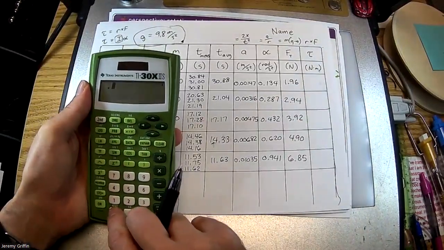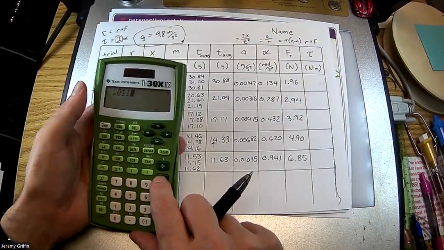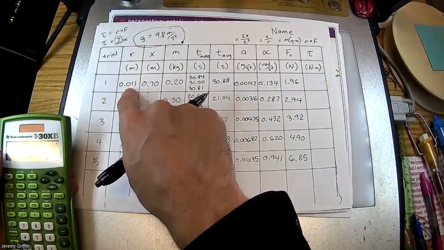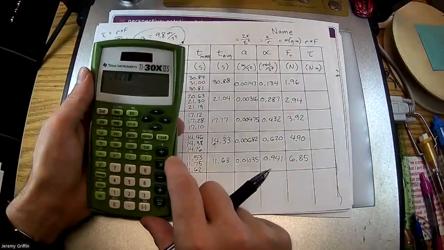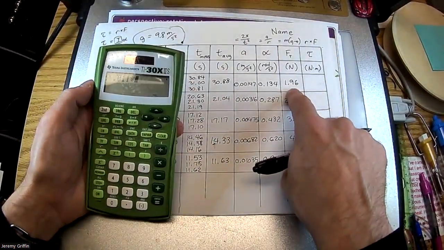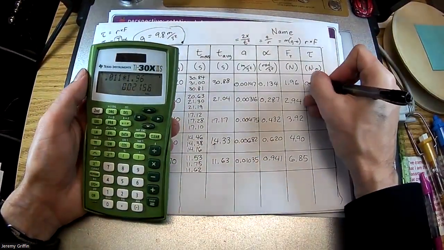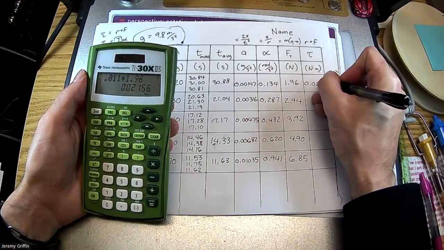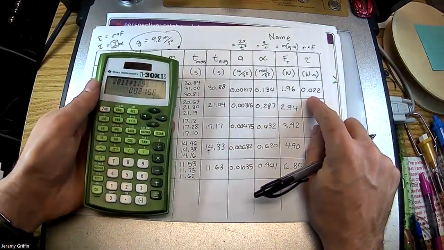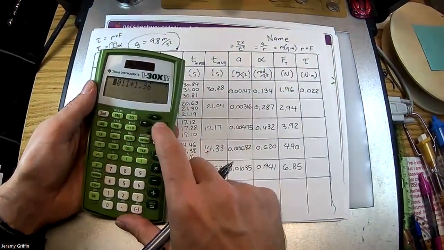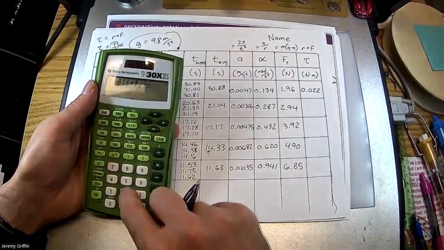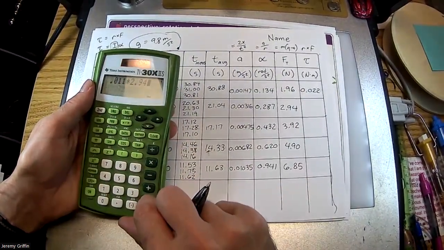So let's take radius of that many meters, which is locked in place, right? 0.011 meters. That's controlled, times this tension force, 1.96 newtons. I'm getting 0.022 Newton meters of torque. Next one. Scroll up, scroll over, pop in this many newtons of tension.